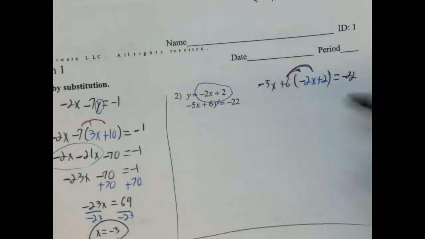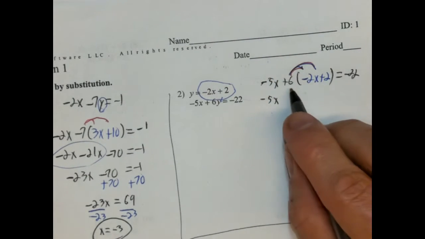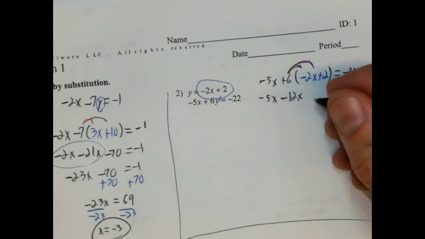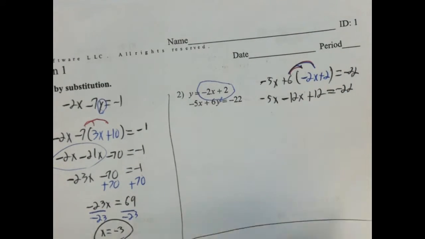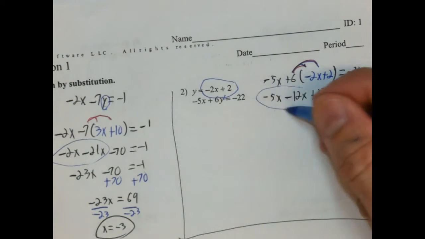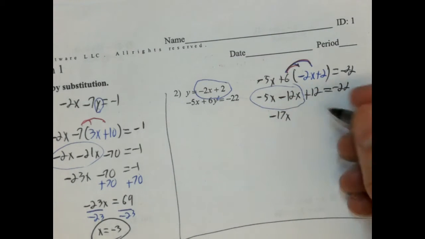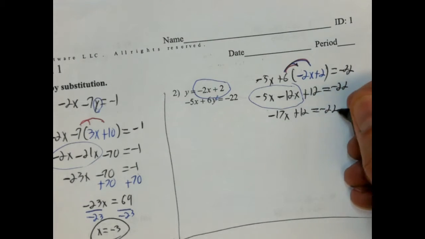Okay. Negative 5x. And then 6 times negative 2x is going to be negative 12x. And 6 times 2 is positive 12. Equals negative 22. We're going to combine our like terms, which are negative 5x and negative 12x. That's going to be negative 17x plus 12 equals negative 22.